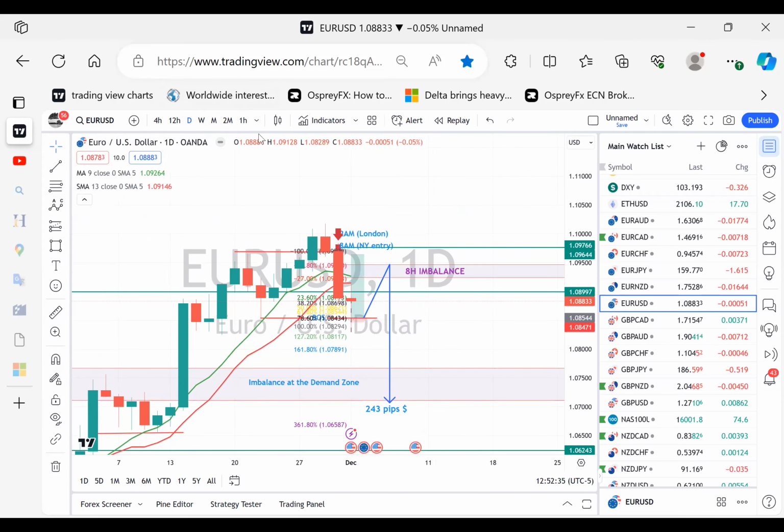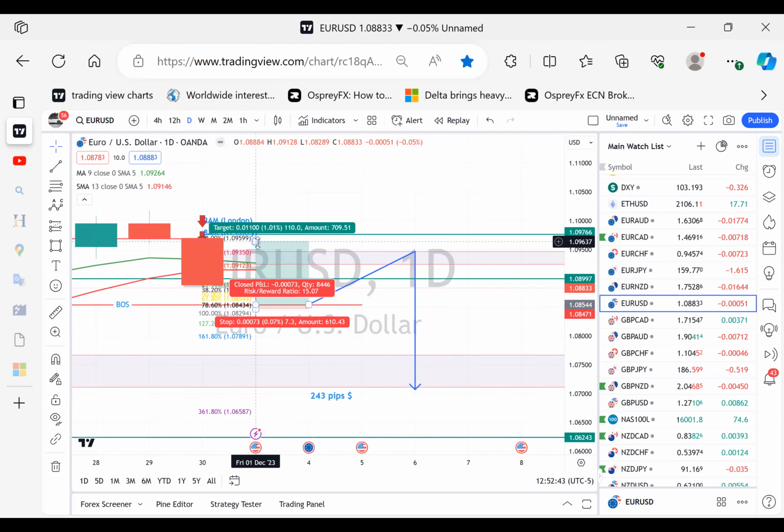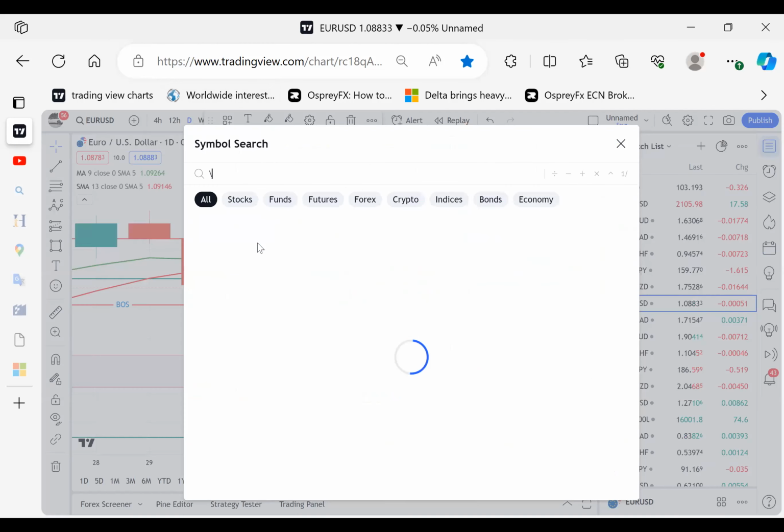I agree. So look for it to push up first, and it's likely going to take out your last. I'm gonna delete some of this stuff so we can see.